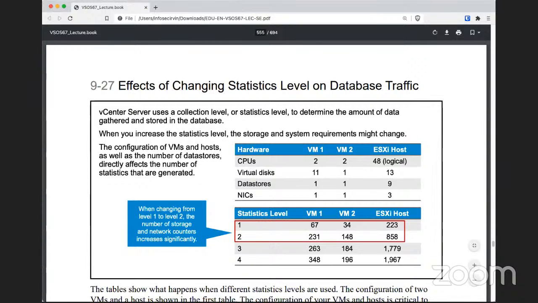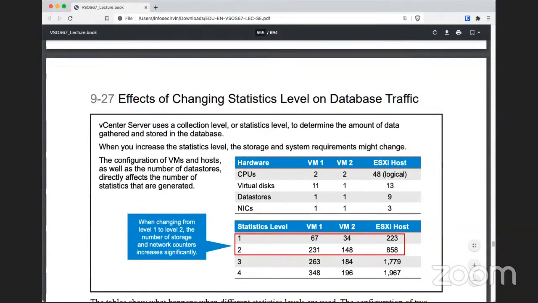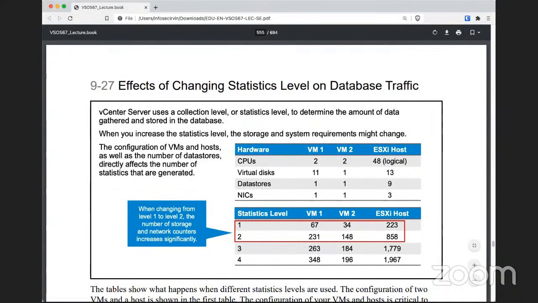When you're changing some settings, make sure that everything is functional. You want to make sure that the network counters are increasing significantly, that you see that there is a positive change in the communication between vCenter and the database.